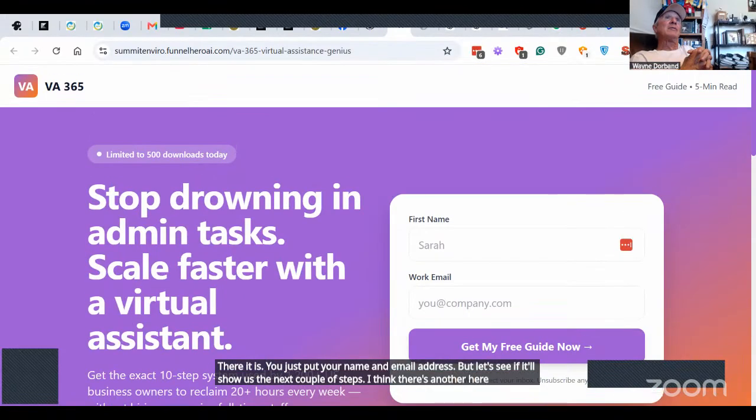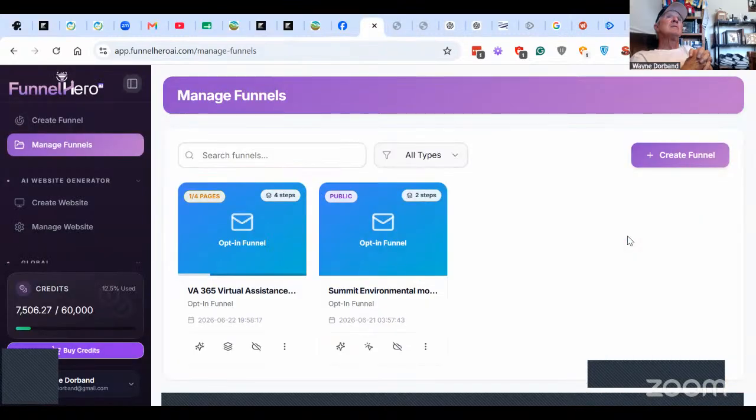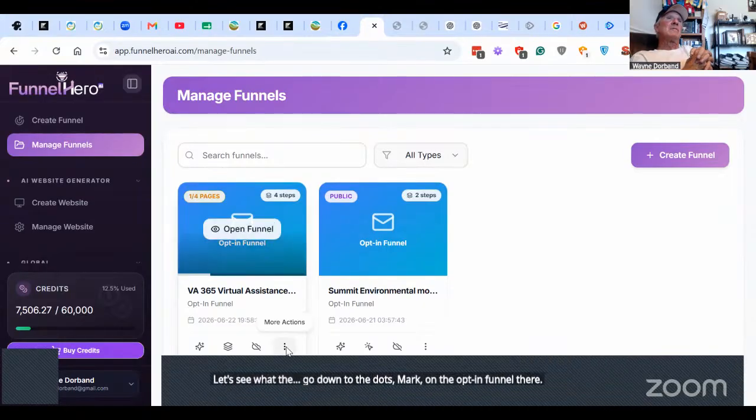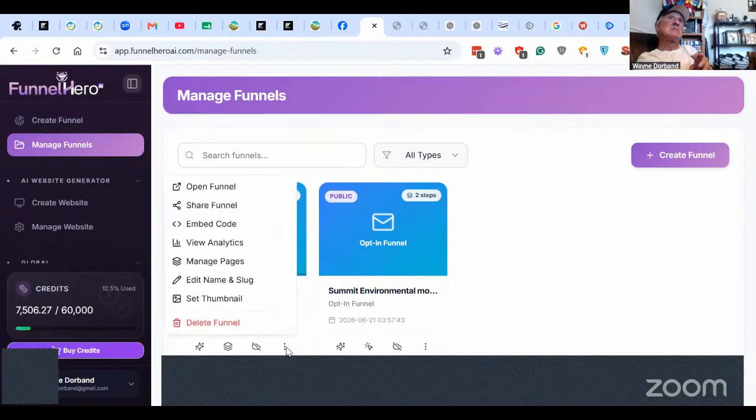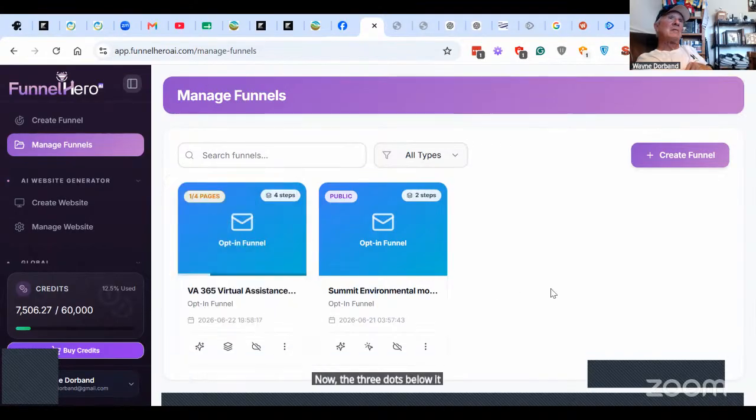You go back to Funnel Hero. Let's see, go down to the dots, Mark, on the opt-in funnel there. No, the 3 dots below it, the one way down at the bottom there. Let's see if it shows that there's more than one.